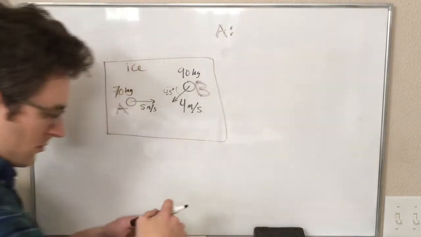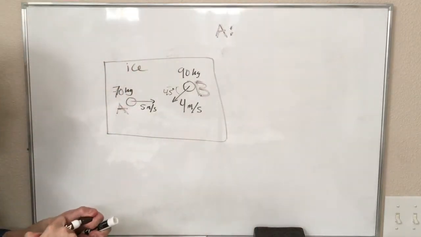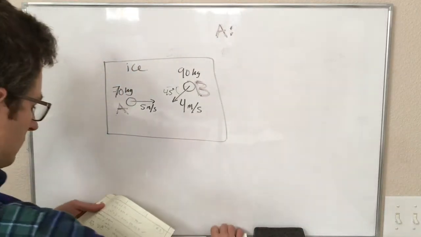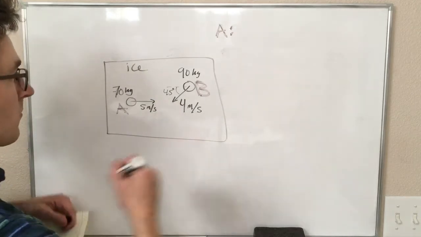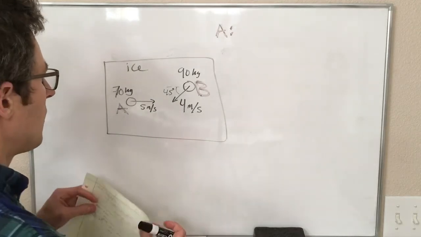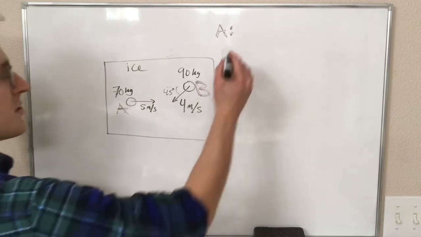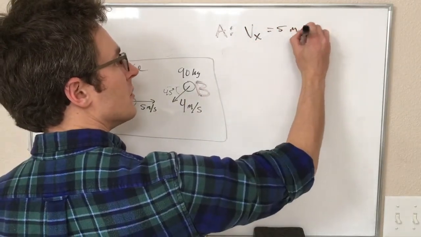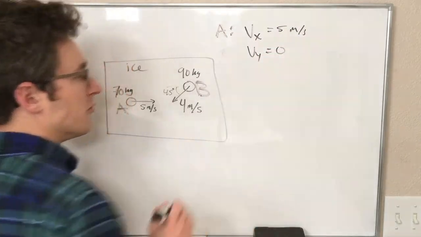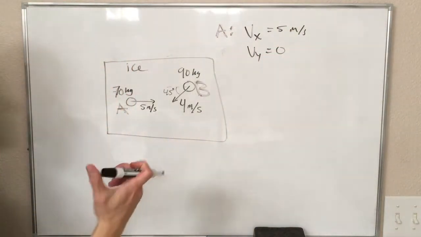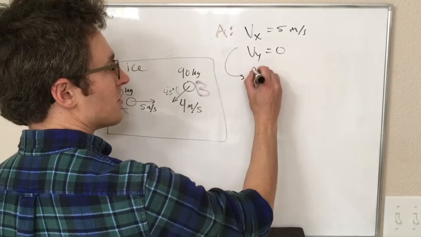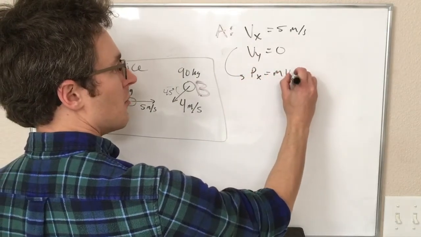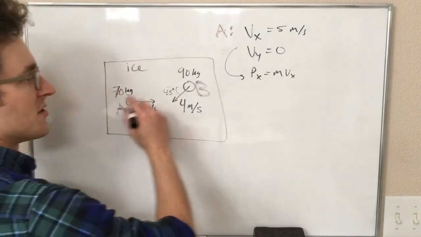Let's find a better pen. So person A has a velocity with an x component of 5 meters per second and a y component of 0. This lets us then find the momentum components. Px equals mvx, and the mass is 70.